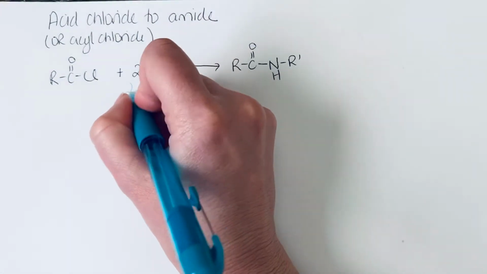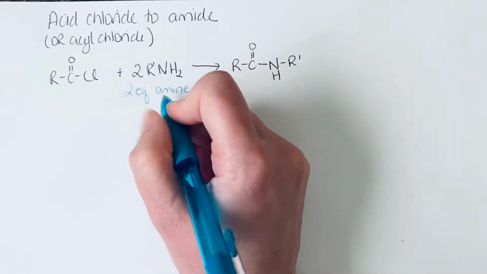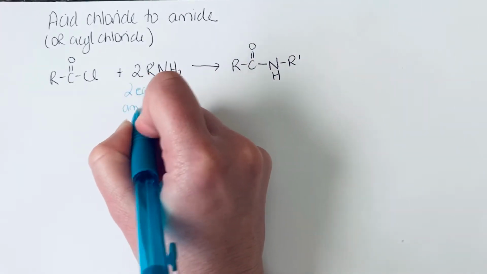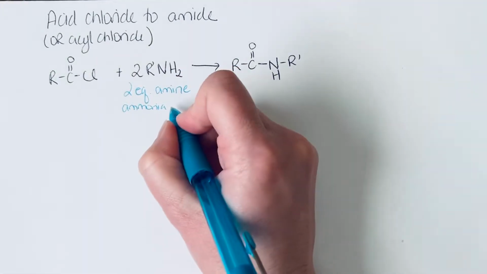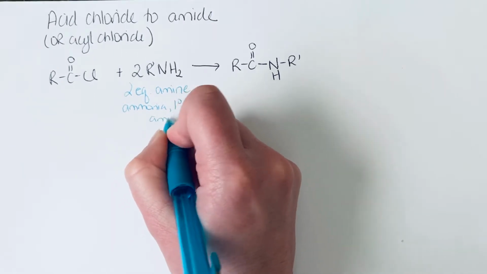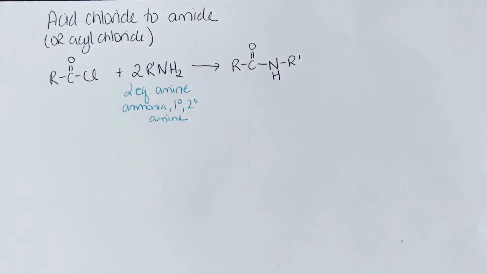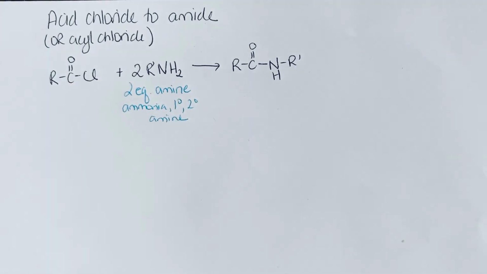And we do need two equivalents of the amine. Specifically, that amine can be ammonia, so just NH3, or it could be a primary or secondary amine. It cannot be a tertiary amine, because the tertiary amine would not have a hydrogen that could be removed.